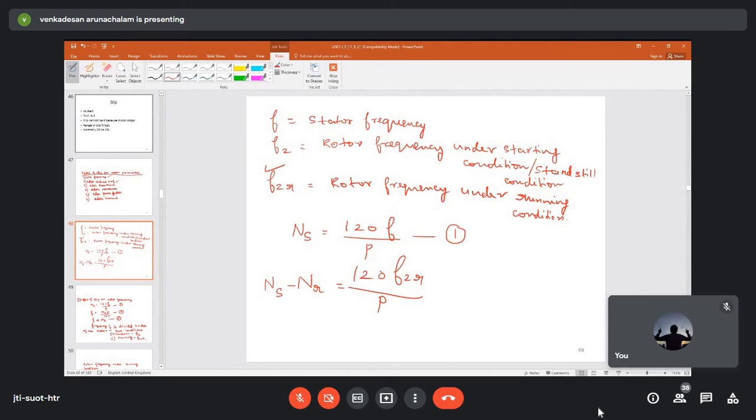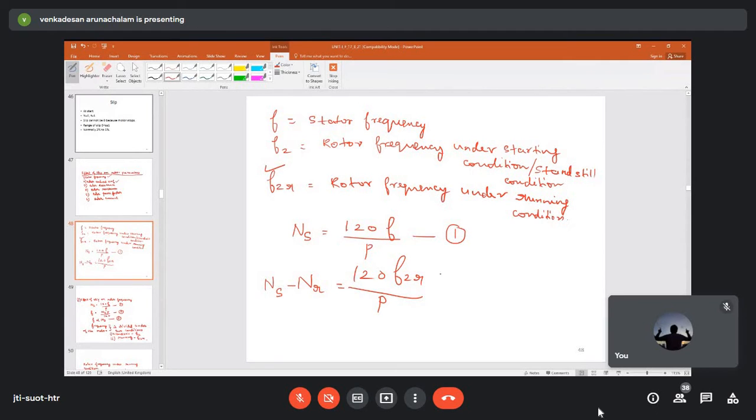So many times I have taken Electrical Machines 1 and Electrical Machines 2 for different students. Even when I read this concept first time, I had this doubt. It should be equal to NR only. Why are they writing NS minus NR? Then only I realized that yes, it is the relative motion. Because of that only the frequency we are getting on the rotor. So it cannot be as such equal to NR. It should be the difference, NS minus NR.